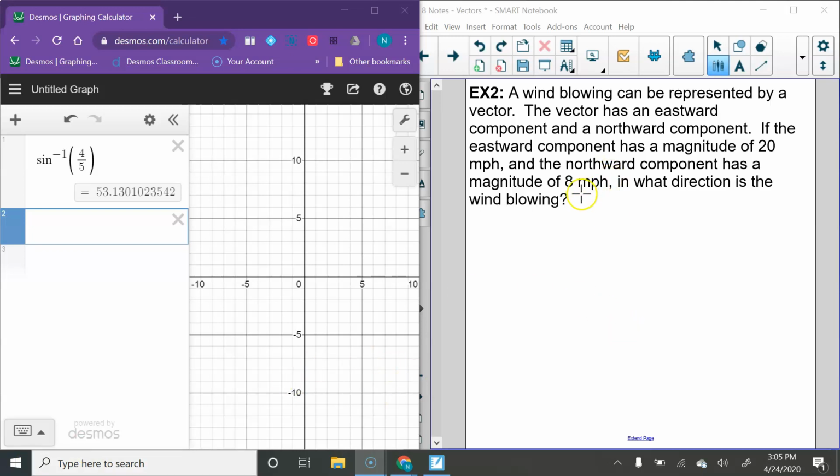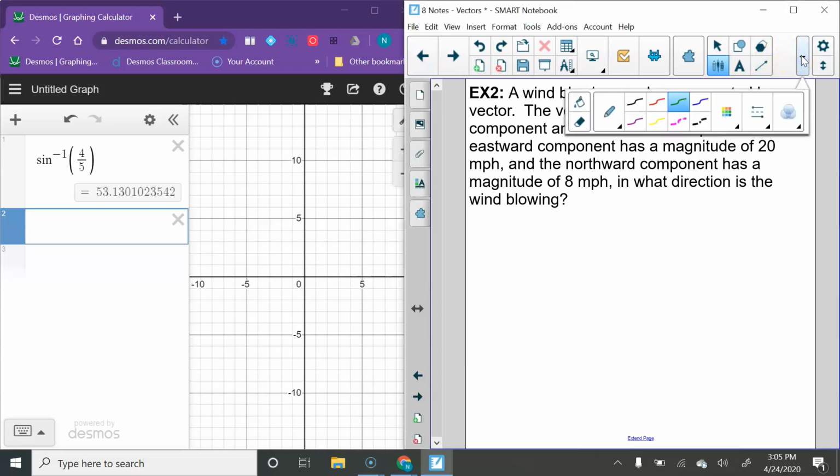We have a north vector and east vector, and we want to know the direction that the vector will go whenever those two combine.